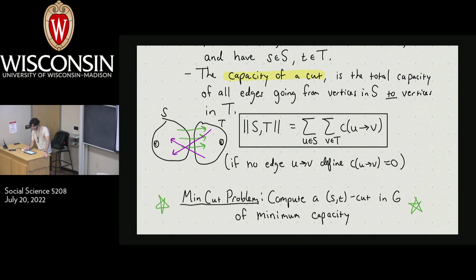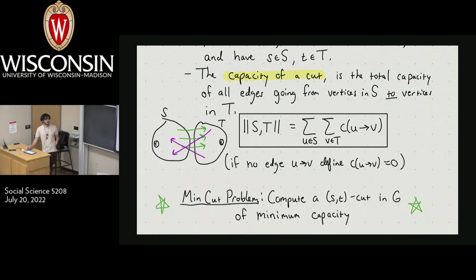And in general, if there's no edge in the graph, we're just going to define the capacity of that edge to be 0, just so that when we do summations, we don't have to sum over edges, which gets complicated. We can just sum over the nodes. So here I'm assuming that if U to V was not an edge, it'd just be capacity 0.